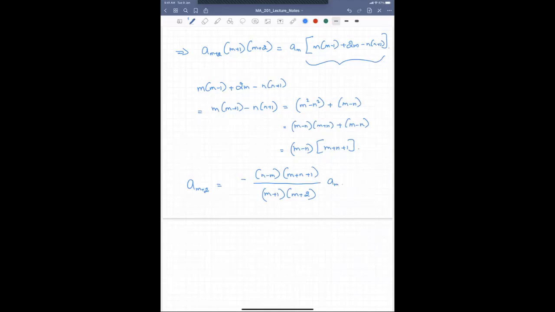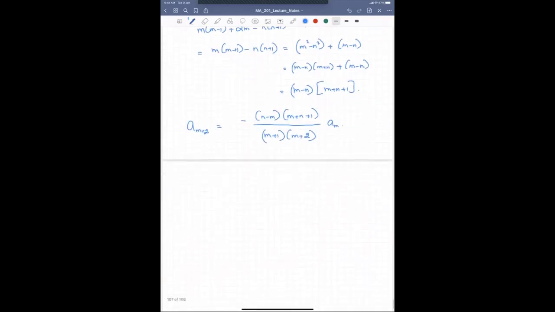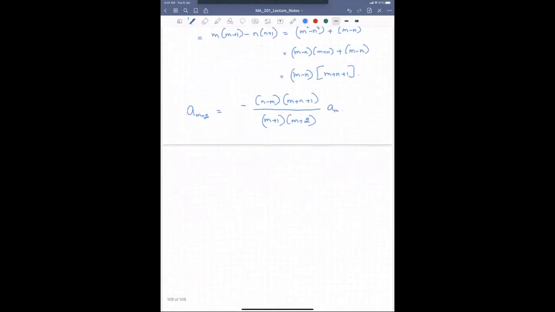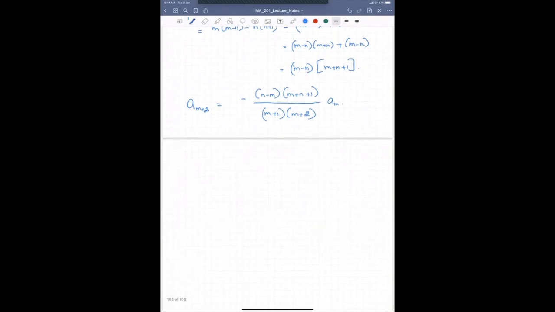Okay. So in principle, you are done. So now that you have the recursion relation, again, fixing m equals 0 will generate all the even coefficients, and fixing m as 1 will generate all the odd coefficients. Let's actually do it out for a couple of terms.